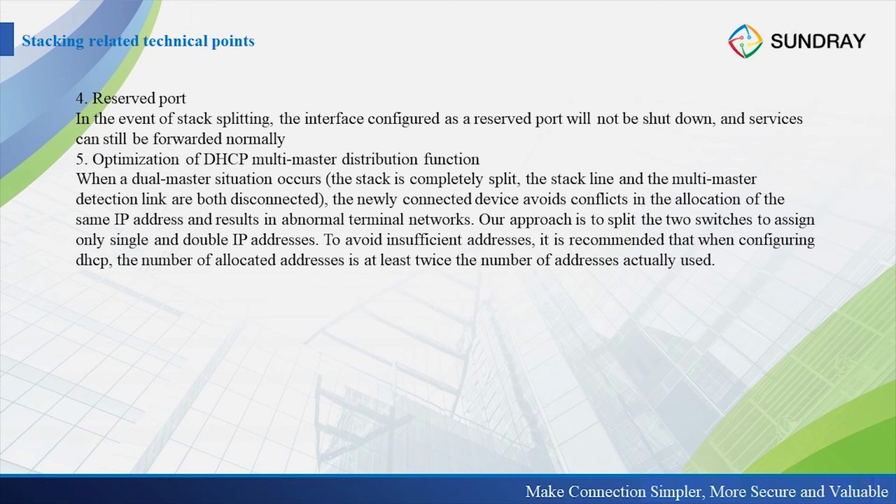The newly connected device may conflict in the allocation of the same IP address and result in an abnormal terminal network. So our approach is to split the two switches to assign only single and double IP addresses to avoid insufficient addresses. So it's recommended that when configuring DHCP, the number of allocated addresses is at least twice the number of addresses actually used.